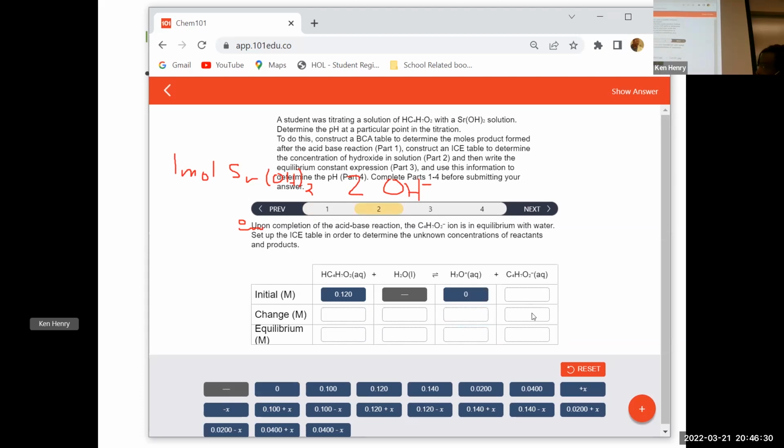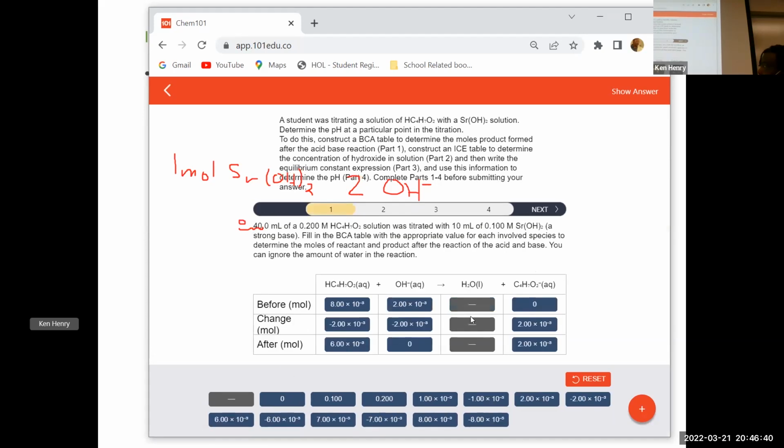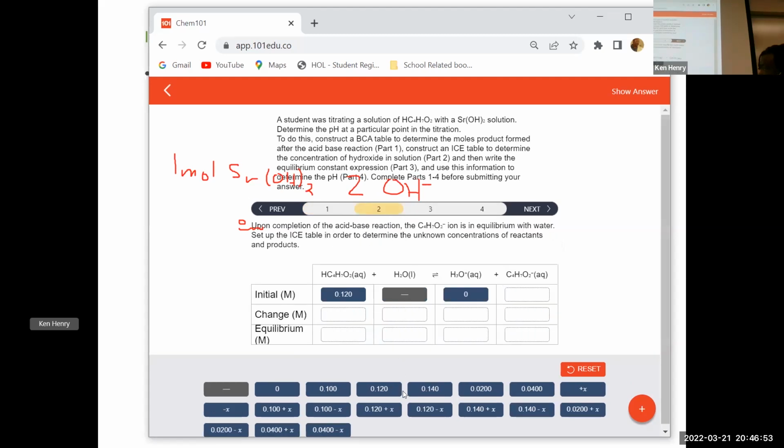And then our initial, are you sure? Let's take a look. Don't we have something here? Is it 0.4? I don't know. Is it divided by 50? What is our 0.014? 0.4. Okay, right here.